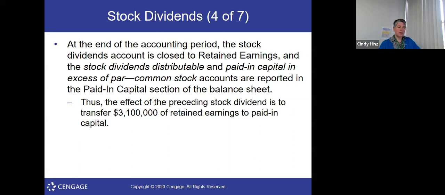At the end of the month that we declare the dividend, we have to close that stock dividends account. Just like a cash dividend, that stock dividend on our balance sheet is moved out of retained earnings. So that is closed out of retained earnings.